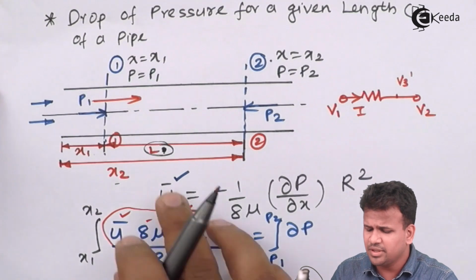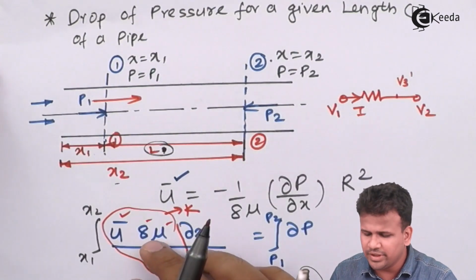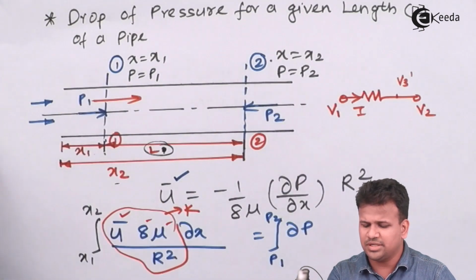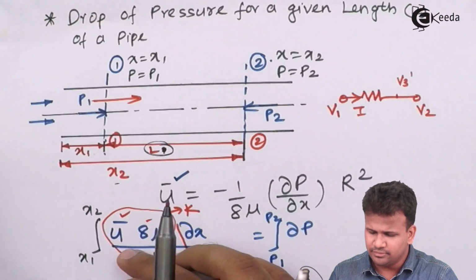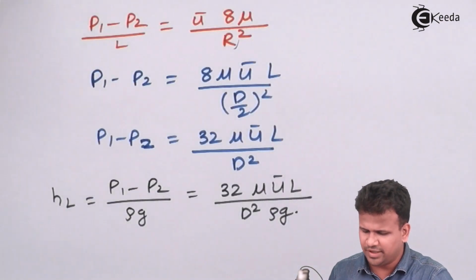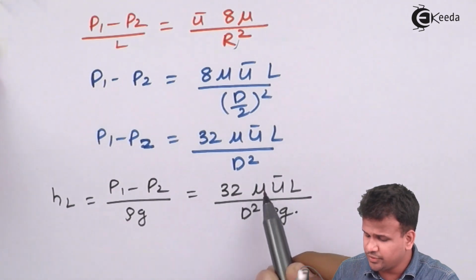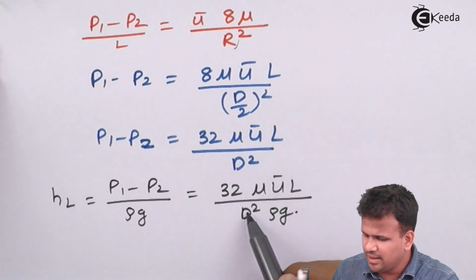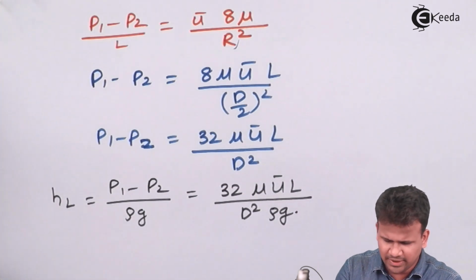The larger the pressure difference, the larger will be the flow of the fluid, and during this there is some loss in pressure. That pressure loss is given in terms of head loss, that is P1 minus P2 by rho g, that is 32 mu U bar L upon D square into rho into g. Now this is head loss.